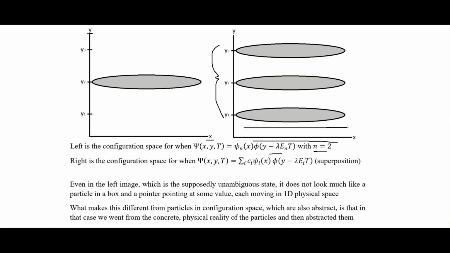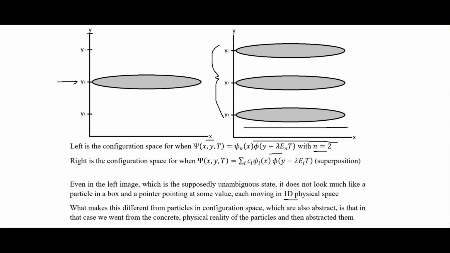Even in the left image, which is supposedly an unambiguous state, unambiguously in the y sub 2 energy state, it doesn't really look like a particle in a box and a pointer pointing at some value, each of them moving in 1D space.